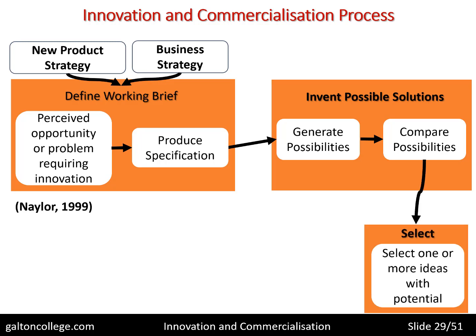So out of all of those comparisons, the management will have to select one or more ideas with potential. So the management will select different possibilities, thereby, of course, casting the other ones out, rejecting other possibilities. So now the management have become more focused on one set of ideas.